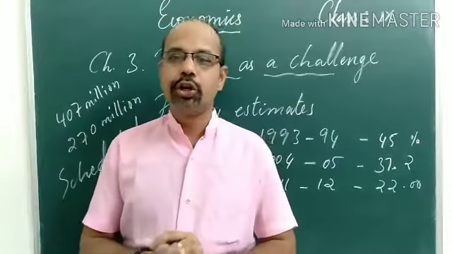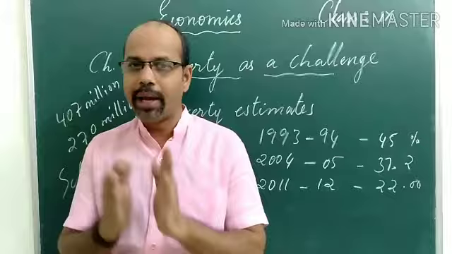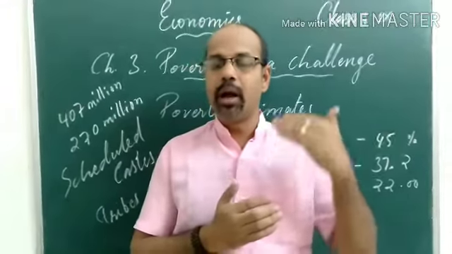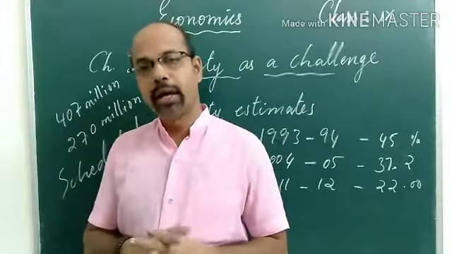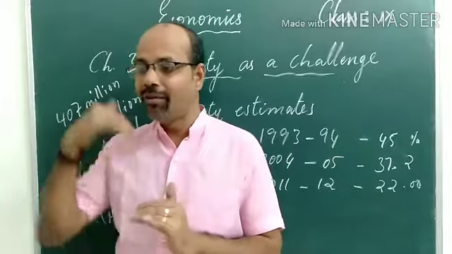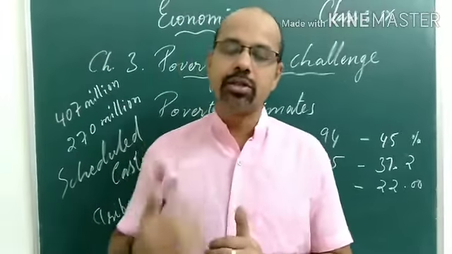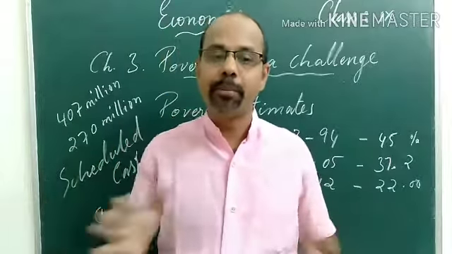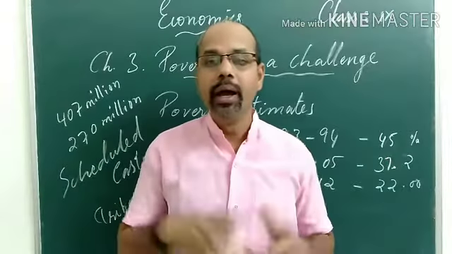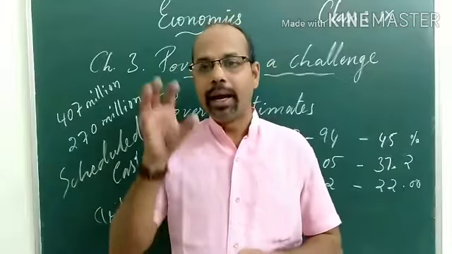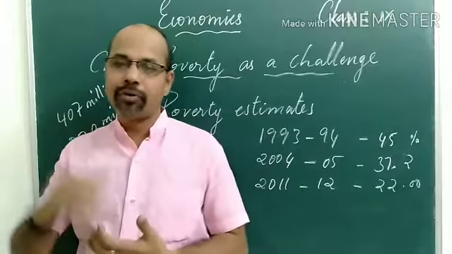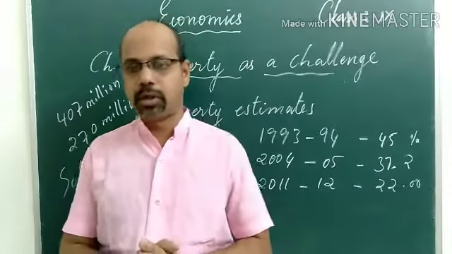Why is there no decline for the scheduled tribes? Because they are living in forested or hilly regions, away from the mainstream of society. It is difficult for the government to arrange proper facilities and basic amenities for these people.